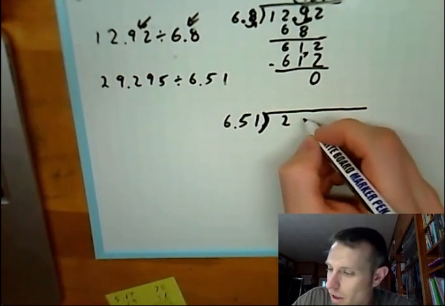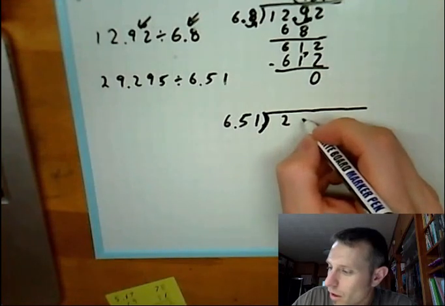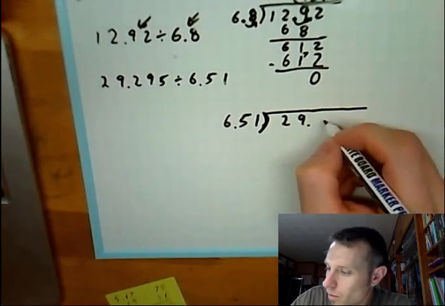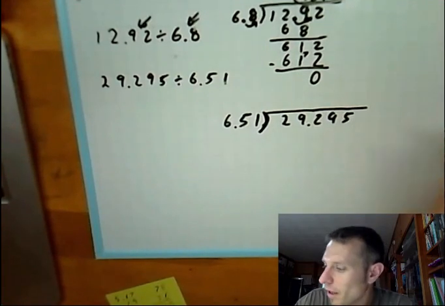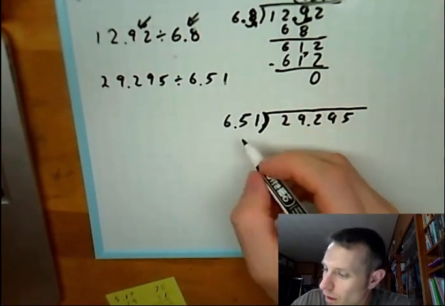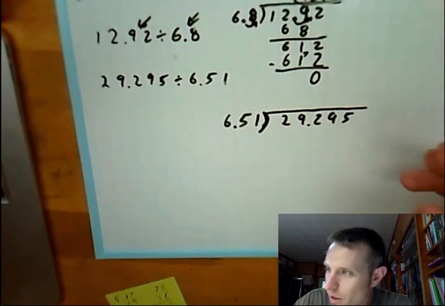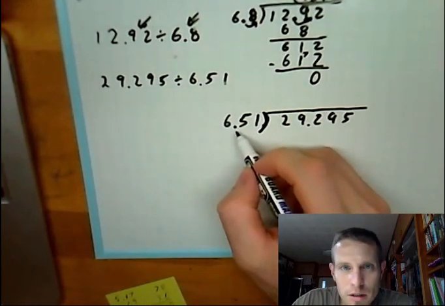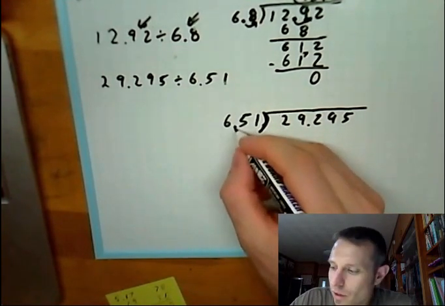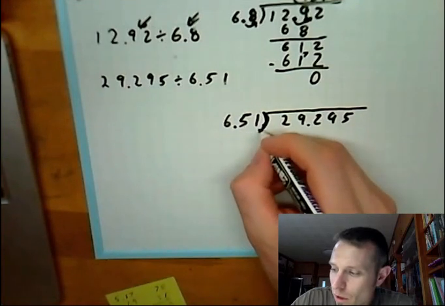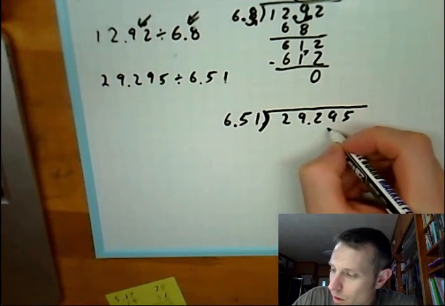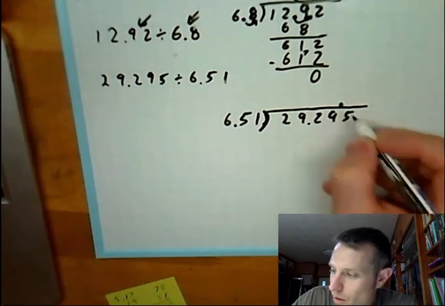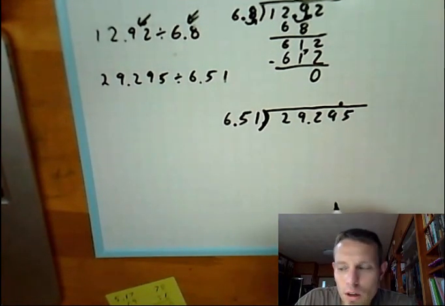That's part of the dividend sign. 2, 9.295. All right, now we have step 2. We need to count the decimal places on the divisor to make this a whole number. So that will be 1, 2 places. So we're going to move this decimal over 1, 2 places, and that's where it's going to go on our quotient.